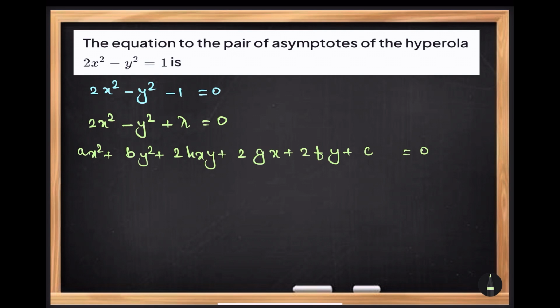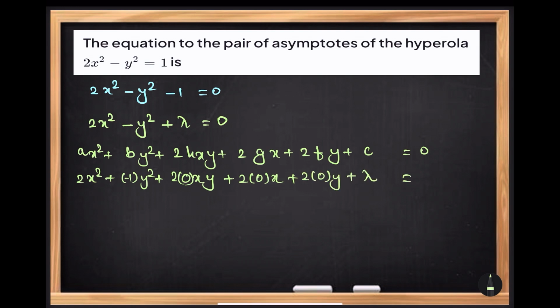Now write down this equation in that same form. So 2x², plus (-1)y², plus 0xy, 2 times 0x, 2 times 0y, plus lambda.